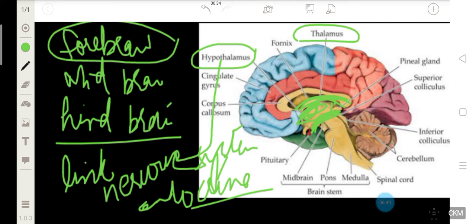It is actually a link between the endocrine chemical coordination and the nervous coordination, because the major function of the hypothalamus is to control the production of the pituitary gland. So that's why it is considered a link between the nervous coordination system and the endocrine coordination system.